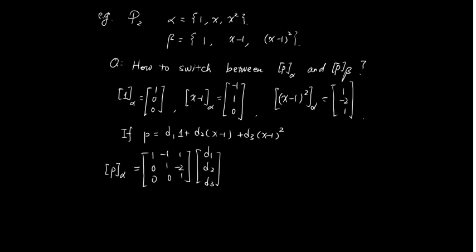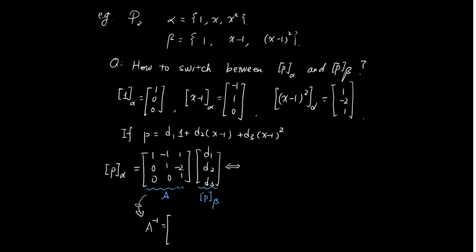And if I call this matrix A, and this one is actually the vector representation of vector P with respect to beta, then we come up with a relation saying alpha and beta, their relation is just by multiplying a matrix A, then you are able to switch the two representations. And more than that, if you wish, you are able to calculate A inverse.